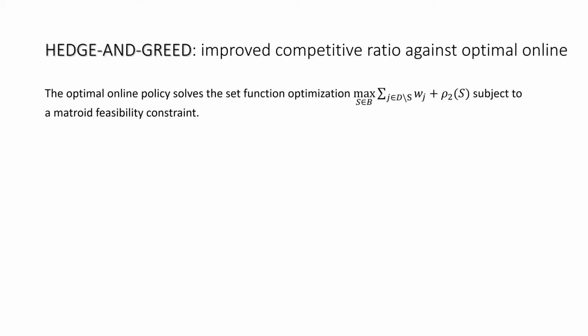Our second algorithm, hedge and greedy, which attains an improved competitive ratio against optimal online, also uses our previous characterization of the optimal online policy. Specifically, the optimal online policy solves the following set function optimization. Let me point out that the objective of this optimization is the sum of a linear function and a non-negative monotone submodular function.